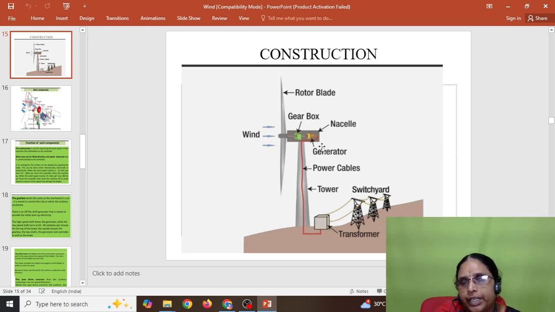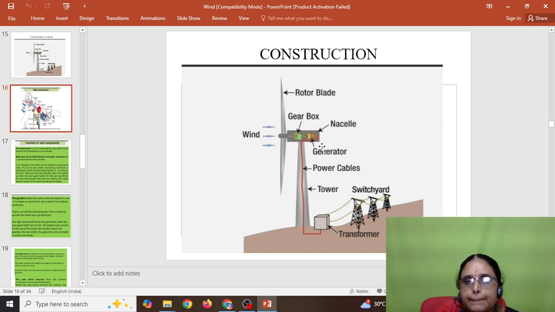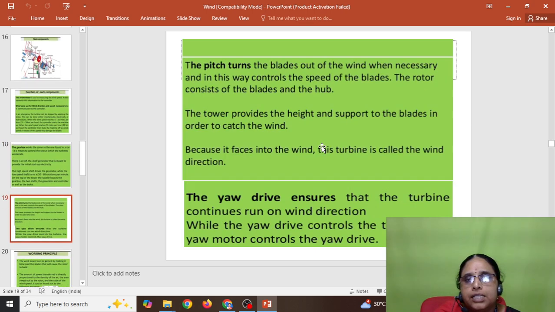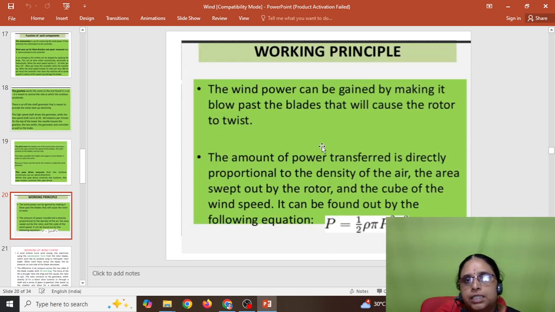If there is any unwanted situation, or when the wind speed goes above 90 km/h, the brake system will come and act and stop the wind turbine. This is the working principle of the wind energy system, which converts the kinetic energy into electrical energy.